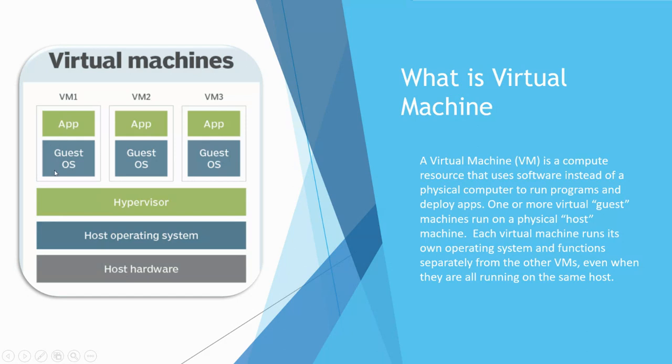Over the VM they have hosted an application. And again here they have built a VM, and over that they have built an application. Here also they have built a VM and hosted an application. So the difference is that in the case of a physical server you can build only one server, that is, install only one OS and host only one application.